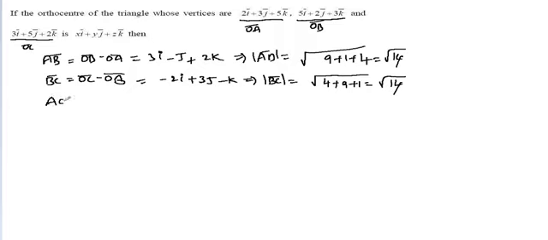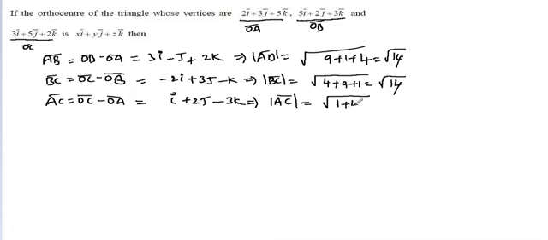And AC bar is equal to OC bar minus OA bar, that is 3i minus 2i, 5j minus 3j, 2k minus 5k, that is minus 3k. Modulus of AC bar is equal to under root of 1 plus 4 plus 9, that is equal to root 14.